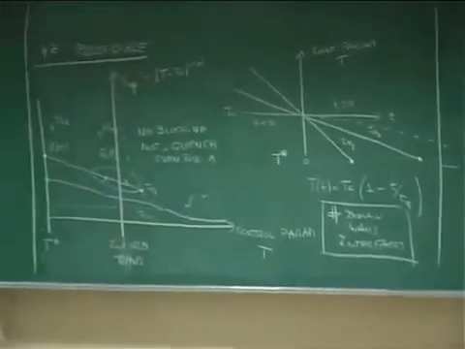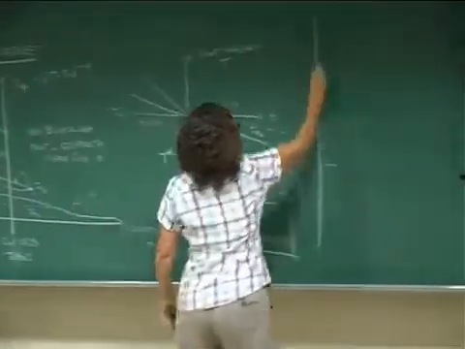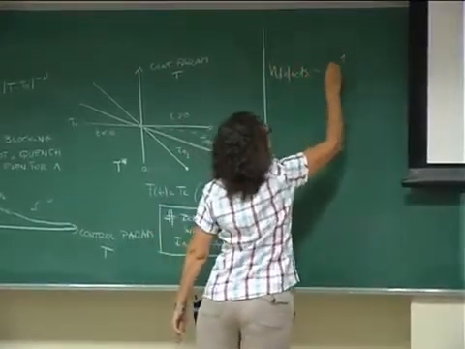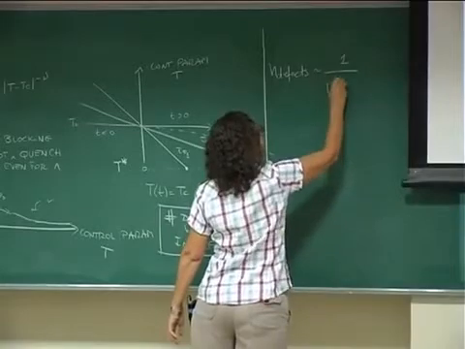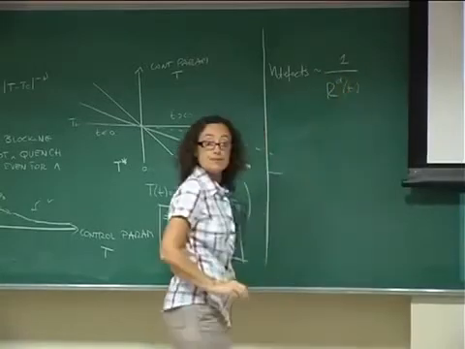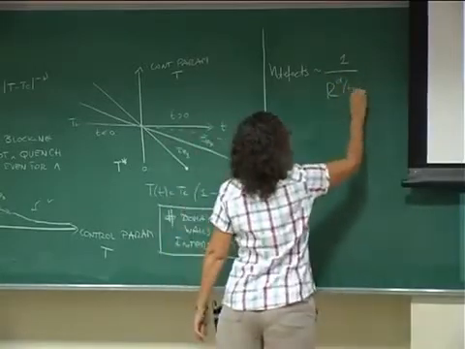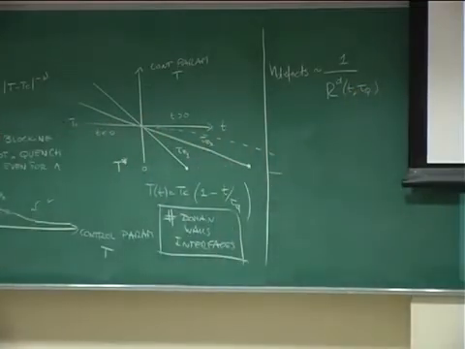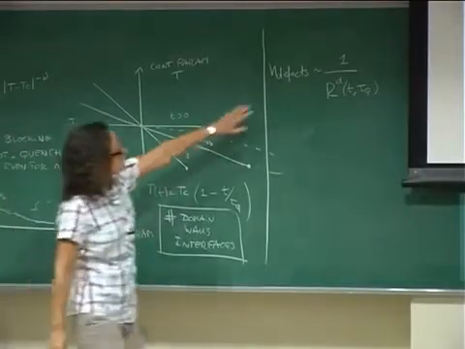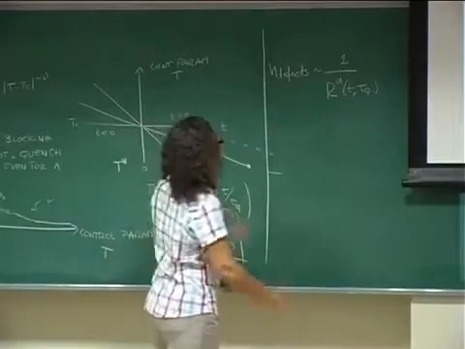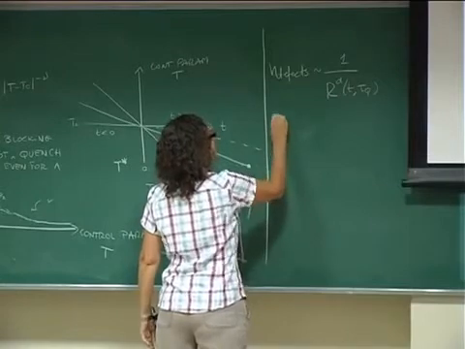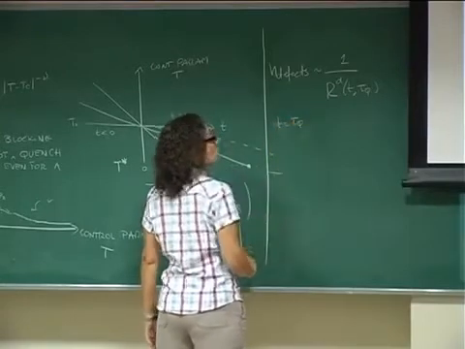The idea is to say that the number of defects will go like 1 over the RD that you have at the time that you want to look at. But there are two dependencies here. There is the time that you want to look at, but there is also the cooling rate with which you went through the transition. To simplify life, let's look at T equals tau q.